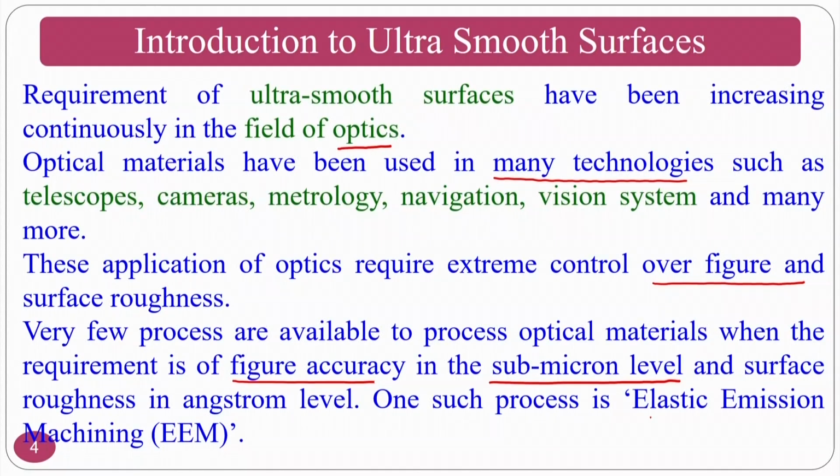These are high speed cameras where you require a very good surface roughness, like Angstrom level, or in some cases you can be happy with sub-micron level surfaces also. So, one of such processes is elastic emission machining. Why this particular process only? That we will see in the upcoming slides.